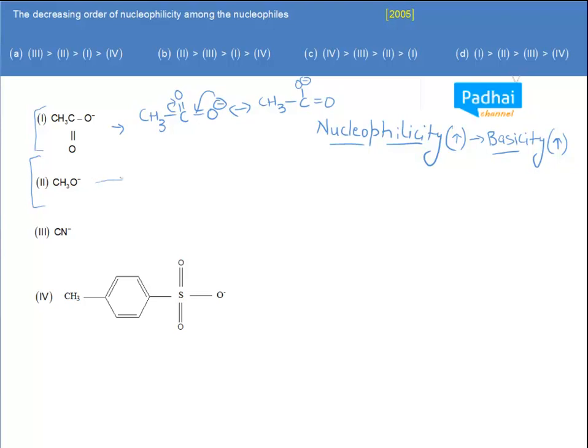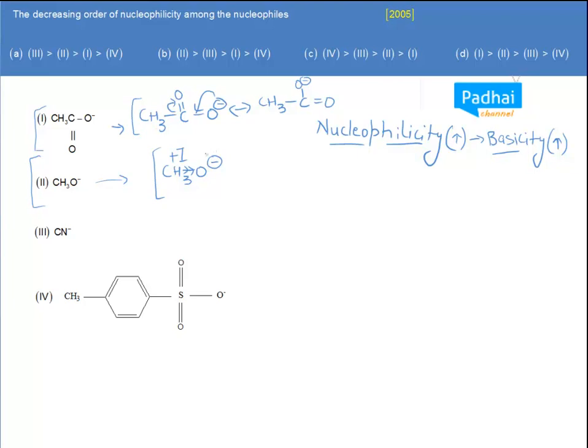While in the second one, CH3 O minus, CH3 is having a plus I effect. That means it is increasing the electron density even more. So obviously this should be more nucleophilic as compared to the first nucleophile, right?